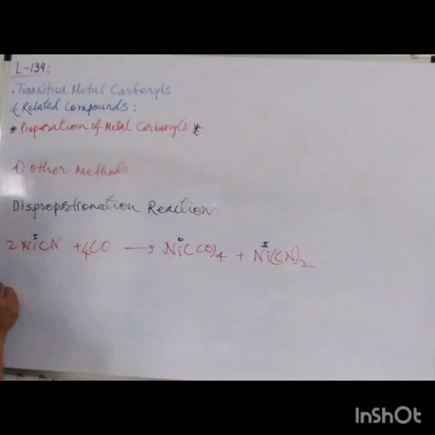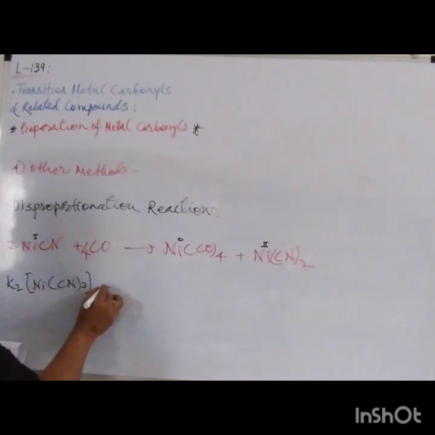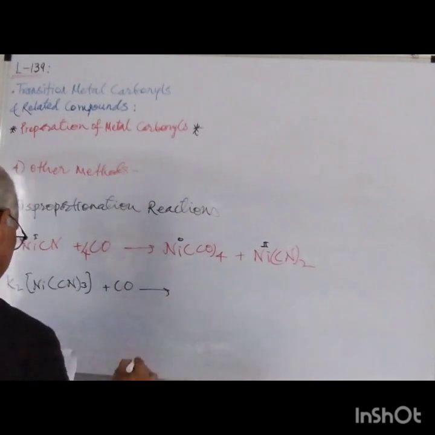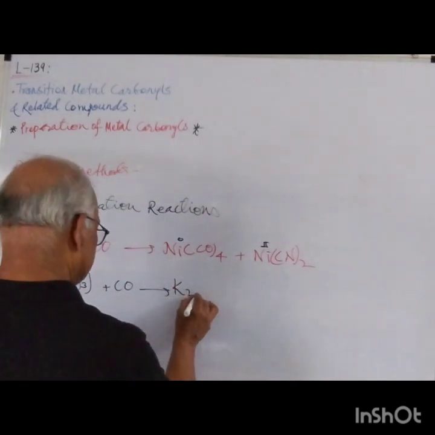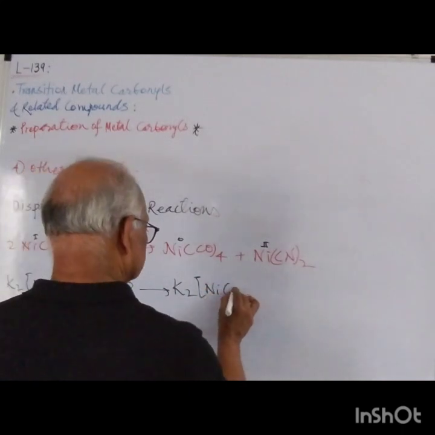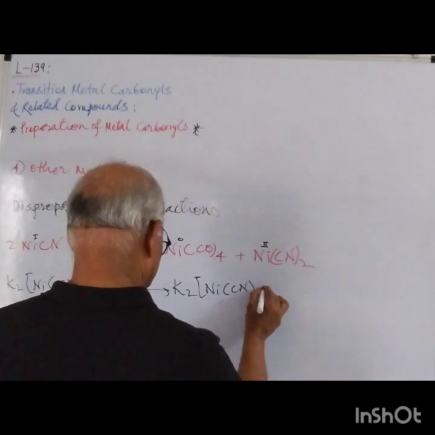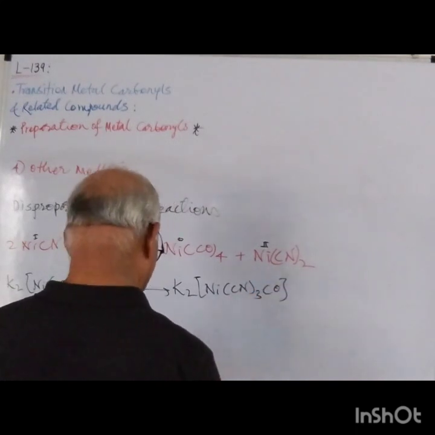Another example is K2[Ni(CN)3] plus CO gives K2[Ni(CN)3CO].